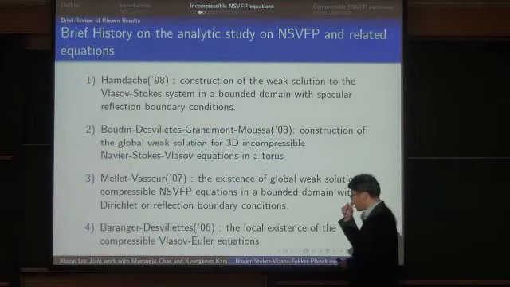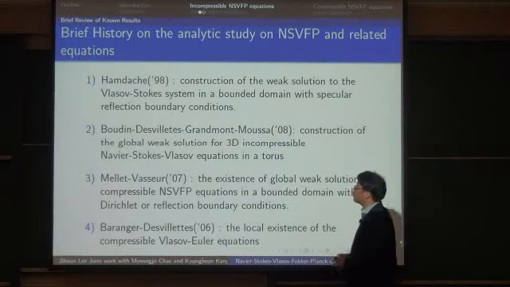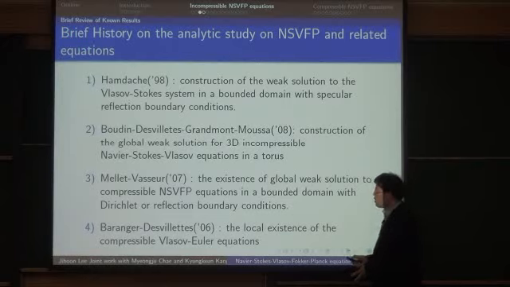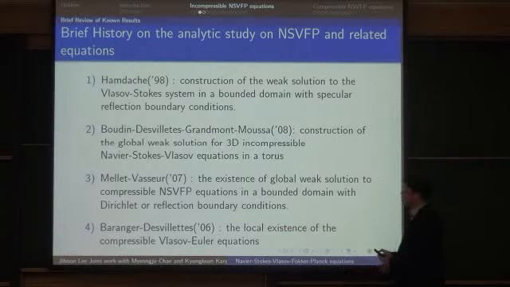For these equations, I would like to mention some history of the mathematical studies. In 1998, Hamdache constructed weak solutions to the Vlasov-Stokes system in a bounded domain with specular reflection boundary conditions. Also Boudin, Desvillettes, Grandmont, and Moussa in 2008 constructed global weak solutions for the 3D incompressible Navier-Stokes-Vlasov equations in a torus.